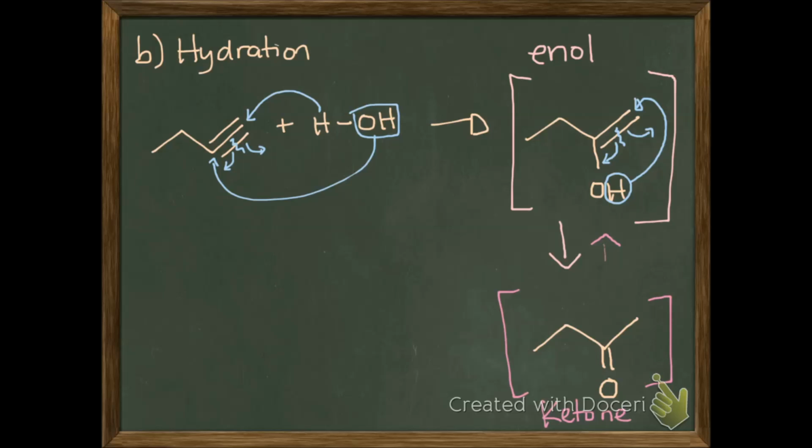So in hydration, there is no second step to add a new water molecule. The enol that results from the first step will immediately become a ketone. And this is the last addition reaction for alkynes. We are not going to see ozonolysis for this.